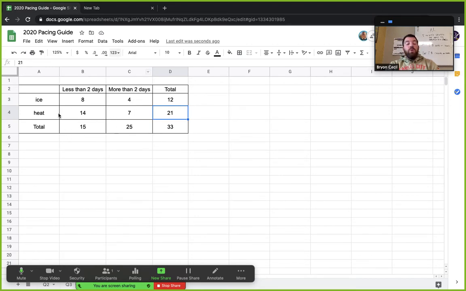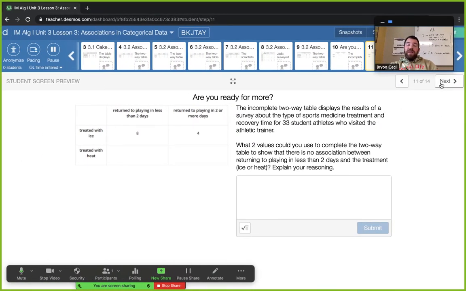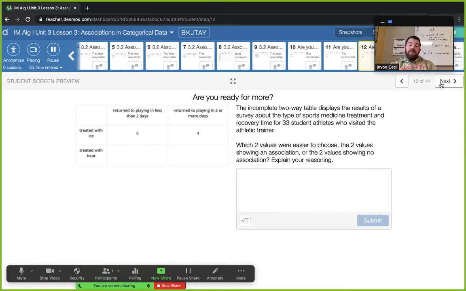So I'm gonna go 2 to 1 because now I'm 14 and 7. And then it would be 21 as well. So again, we have a ratio of 2 to 1 there. So you're going to keep that same ratio to show, hey, there really is no association between heat and ice when it comes to recovery.